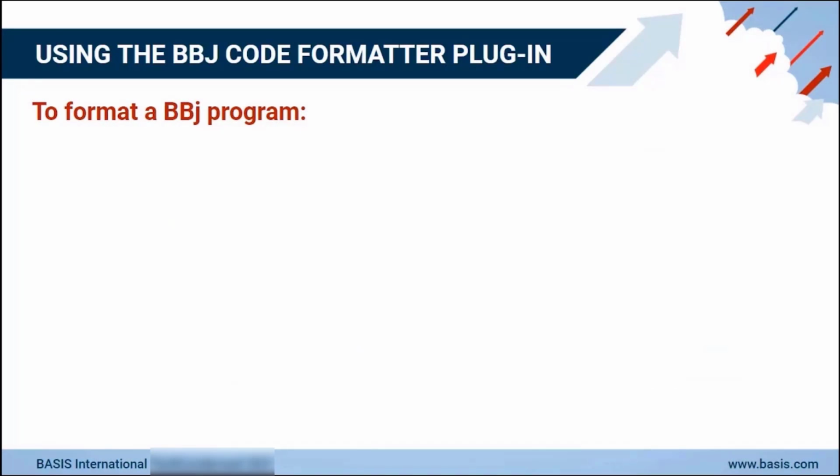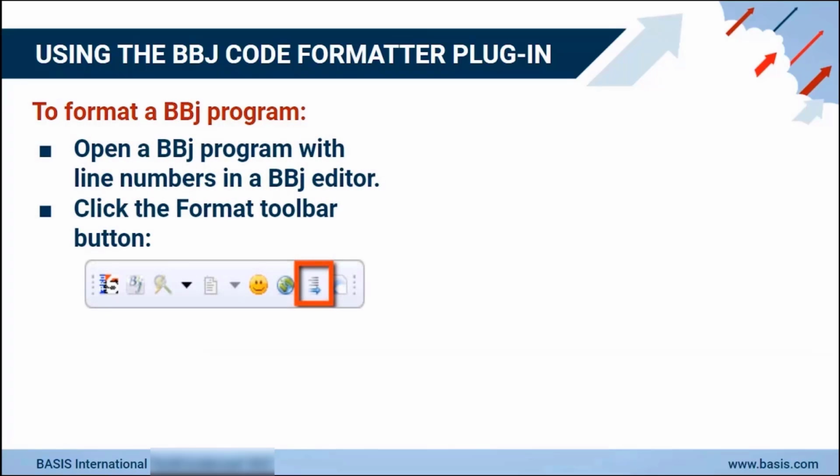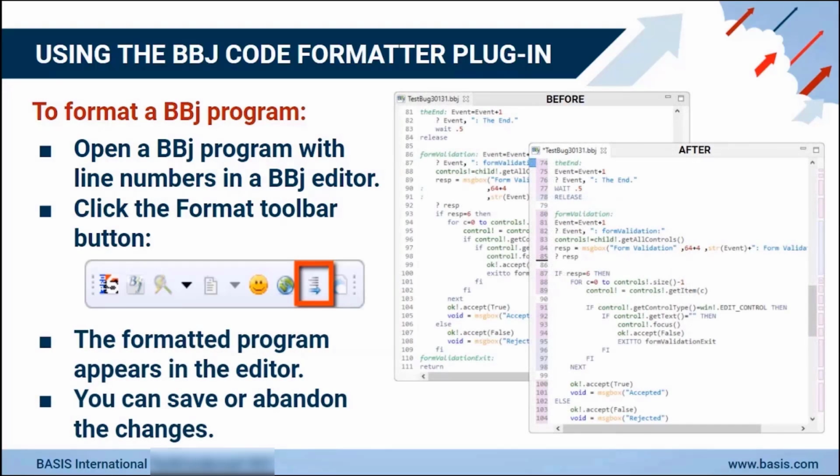To generate a formatted output, you do that also from the toolbar, and you use the BBJ toolbar button. You open a BBJ program with line numbers in a BBJ editor, and you click the Format toolbar button, which is the button highlighted in the red square there. And again, the formatted program appears in the editor. Again, you can save or abandon those changes in that editor. And if you look on the right-hand side there, we see that we have the before and the after.